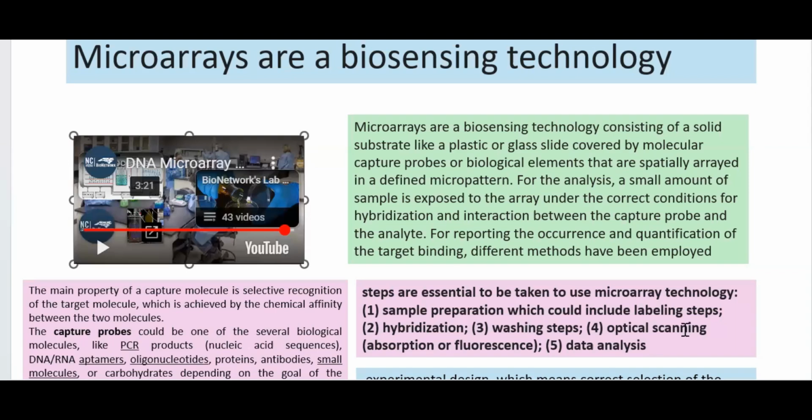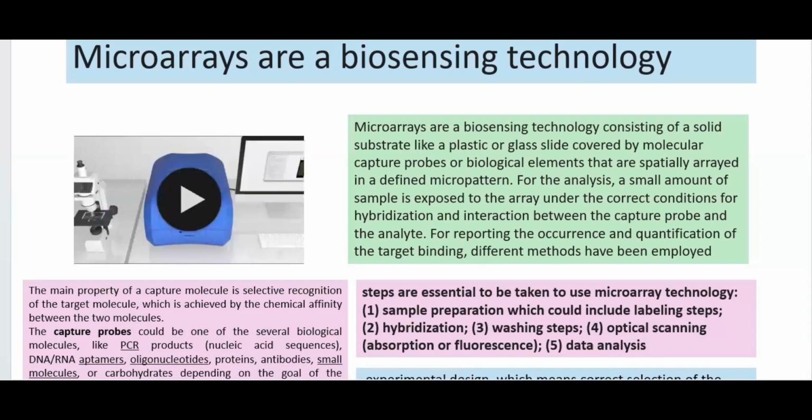Then you are going to go for optical scanning, which may be based on absorption or maybe based on fluorescence, depending upon what kind of label you have used. And then data analysis. So as I said earlier, the capture probes could be biological molecules like PCR products, nucleic acid sequences, DNA, RNA aptamers, oligonucleotides, proteins, antibodies, small molecules, or carbohydrates, depending on the goal of your analysis.